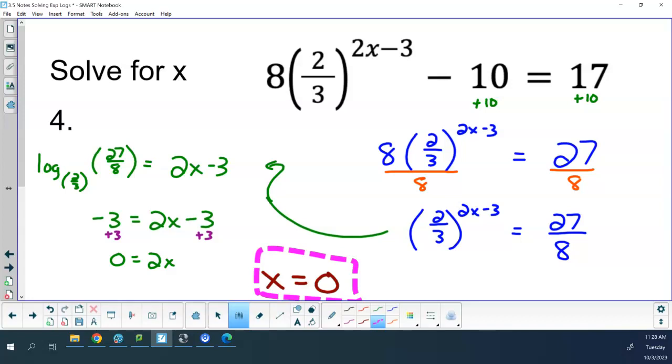Minus 3 is -3. 2/3 to the -3 power is 27/8. Times 8 is 27. Minus 10 is 17. Checks out. Ooh. Nailed it.